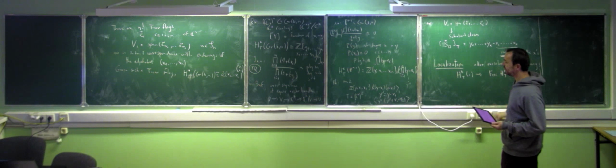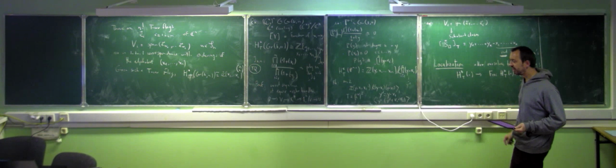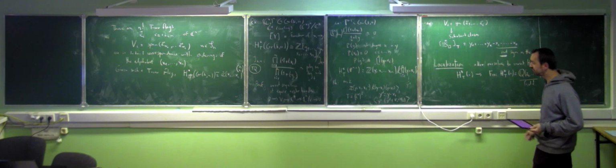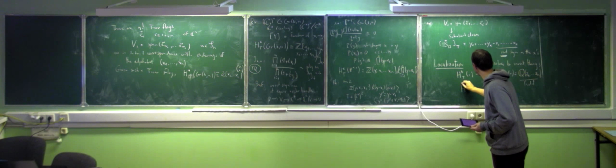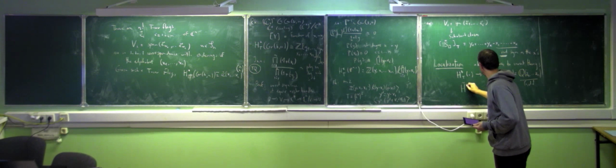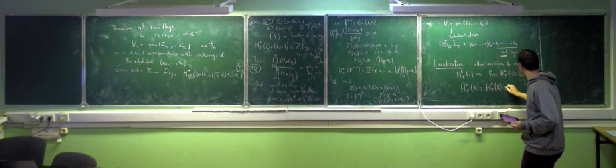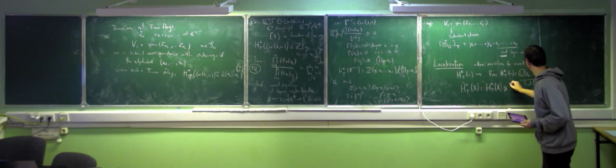By the way, maybe the specialists can help me, but I have not found a notation for localized cohomology rings. So let me just introduce one arbitrarily. Let me denote H tilde star T of X to be exactly what you imagine, which means the ordinary equivariant cohomology, but in which I tensor with a fraction field.